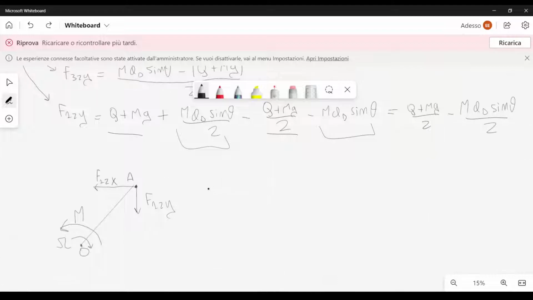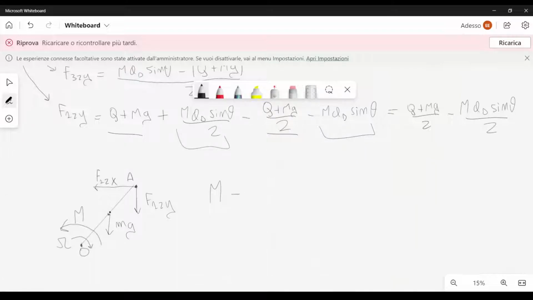So here, if we take the counterclockwise motion as positive, it means that we have m minus, let's calculate the moments with respect to the point O. Remember that we have also the force mg here.